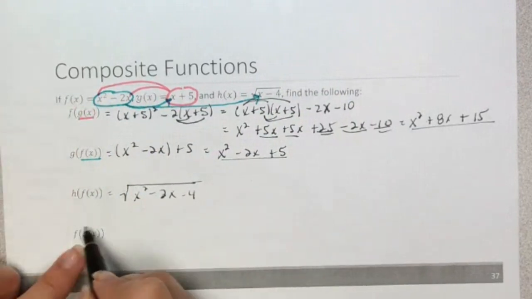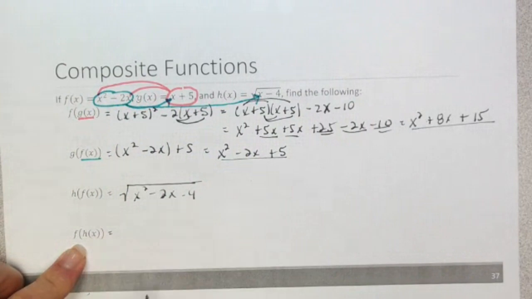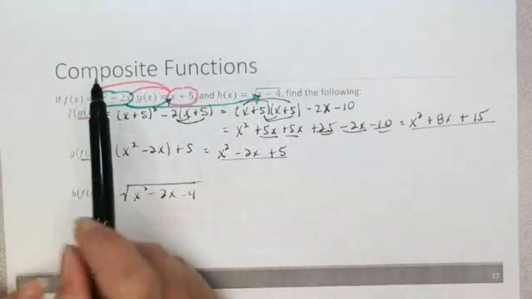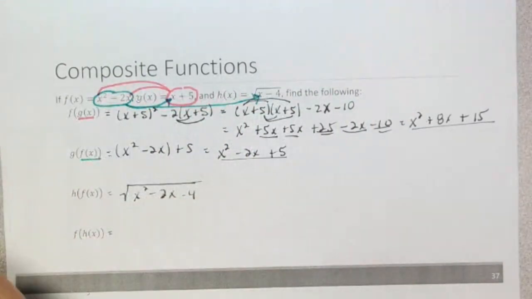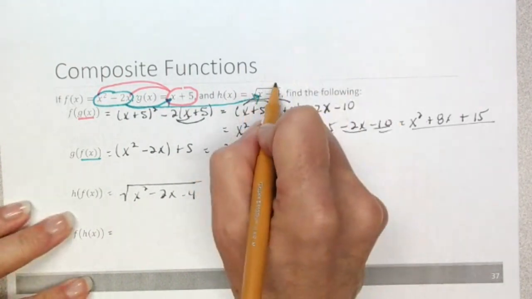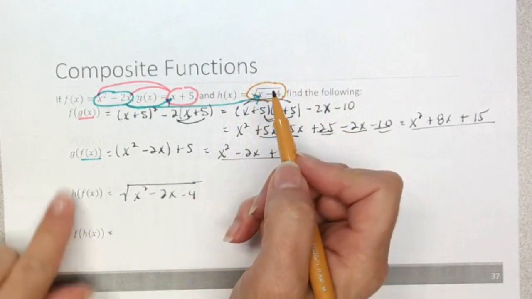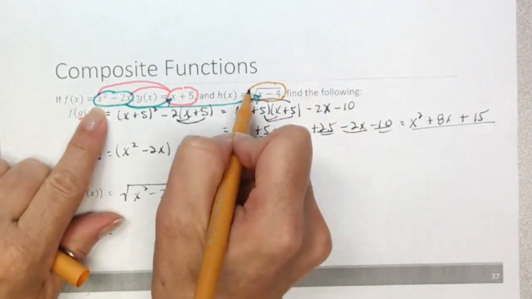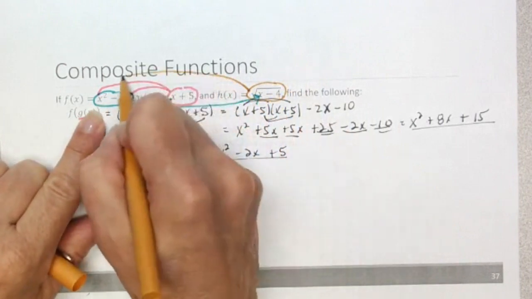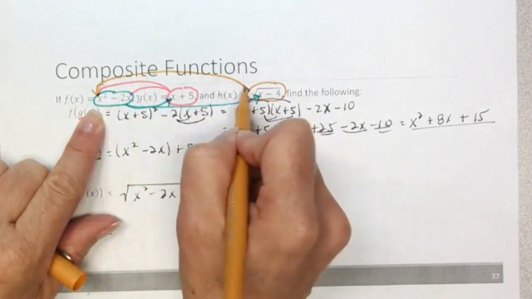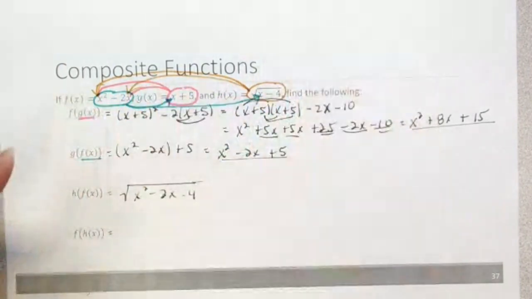Okay, and then we're going to compose that the opposite way as well. We're going to compose h into f. So I'm going to have colors here. We'll let h be this brownie color. All right, so the square root of x minus 4, we're going to compose that into f. So that's going to go everywhere we see an x. So right there and right there.